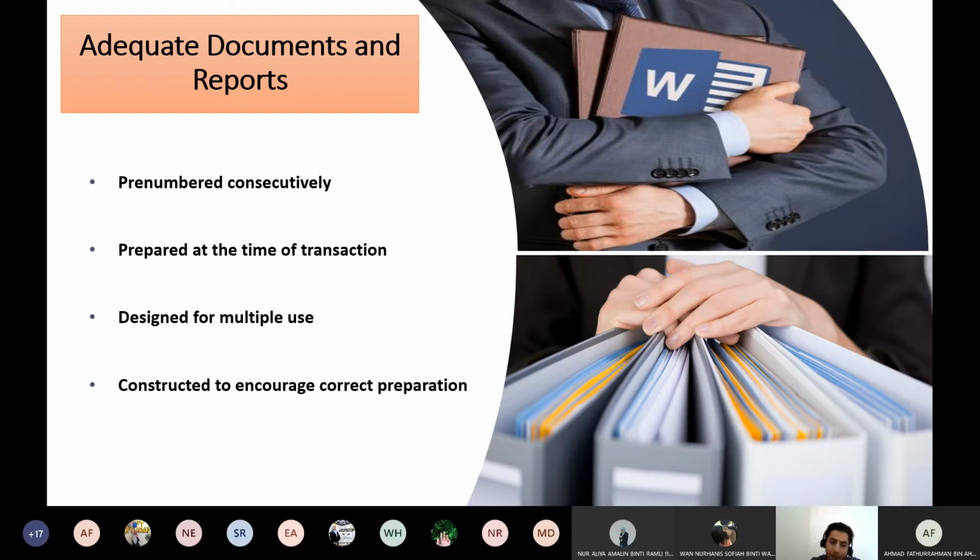It should be prepared at the time of the transaction, and designed for multiple use, meaning we have a few copies, or if we are using accounting software, some copies should be sent to other departments. And lastly, it should be constructed to encourage correct preparation.